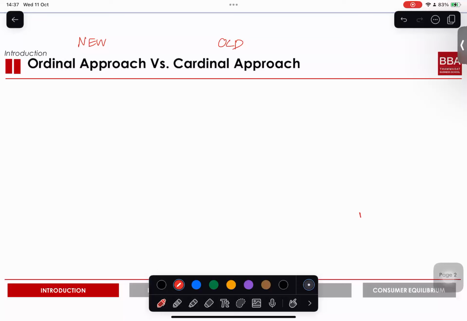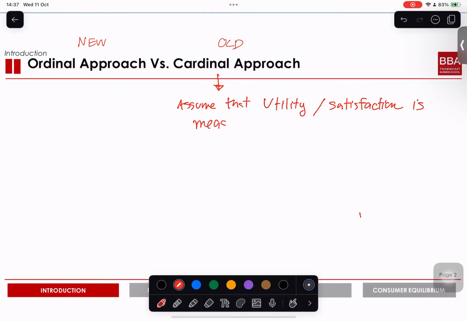Cardinal approach is our approach cardinal.